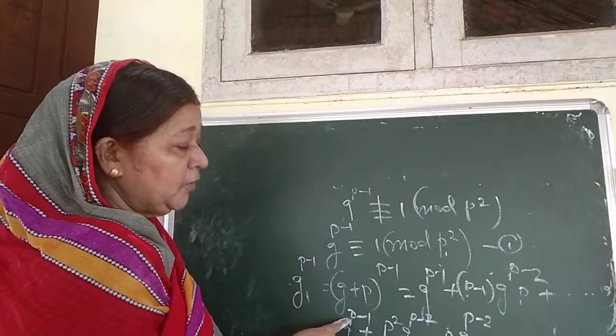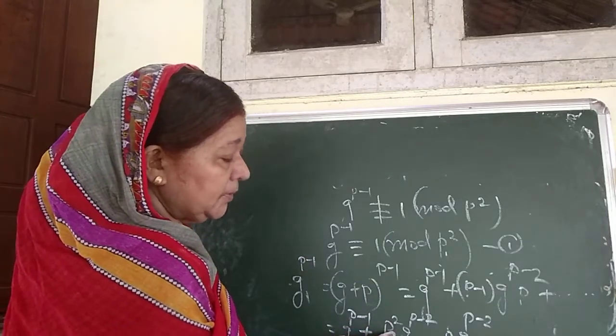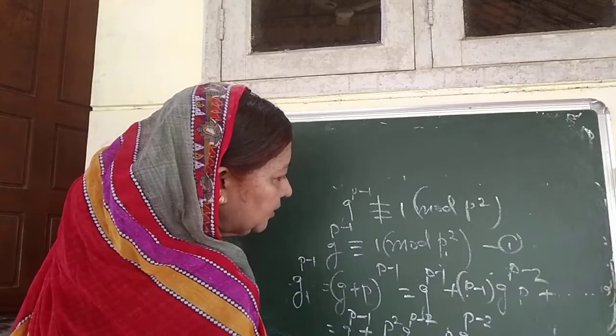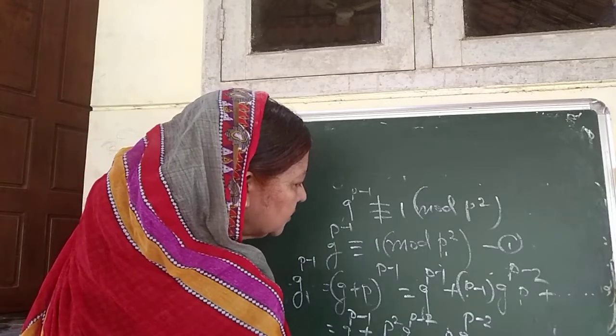Therefore, it is 1 mod p square, and the rest is minus p into g raised to p minus 2.